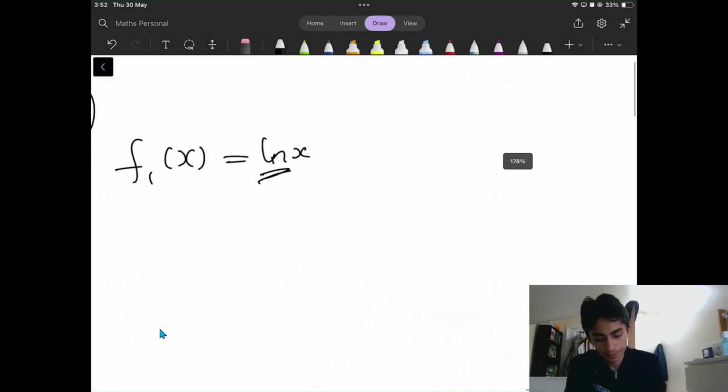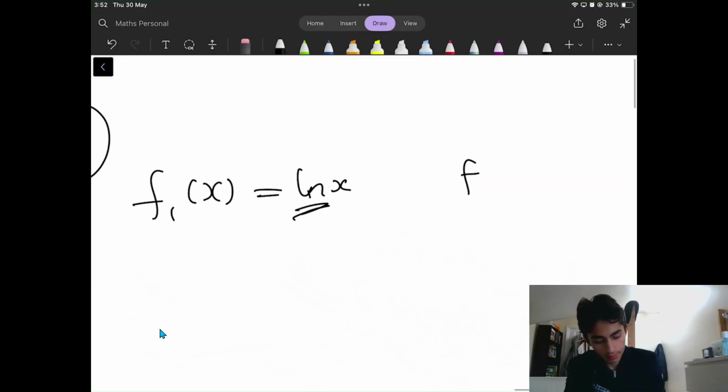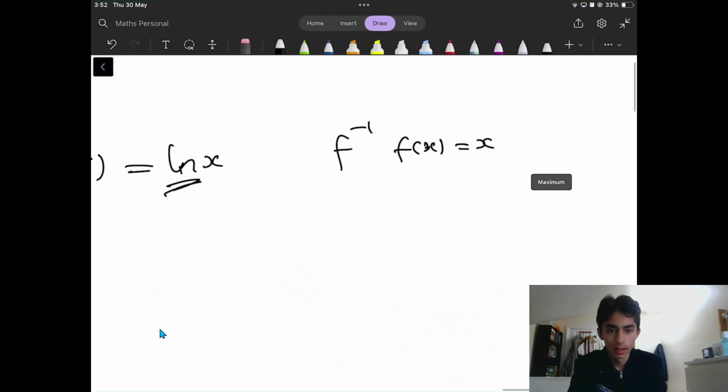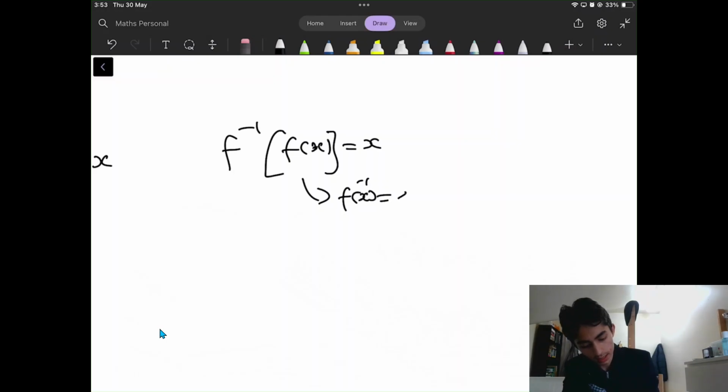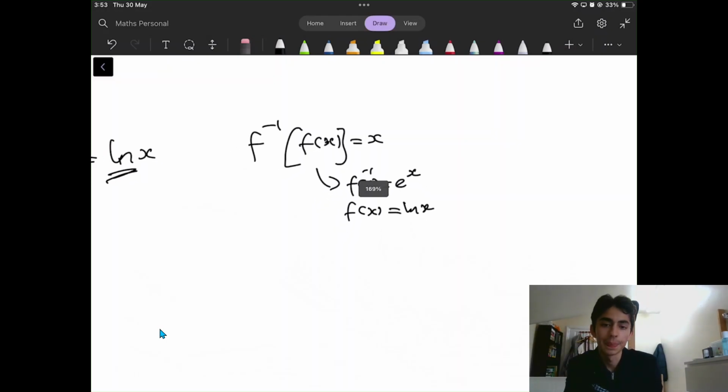So you know how f inverse of f of x is equal to x, right? That's just how functions work. Well, in this case, if f inverse of x is equal to e to the x, then f of x is the natural logarithm of x, right?